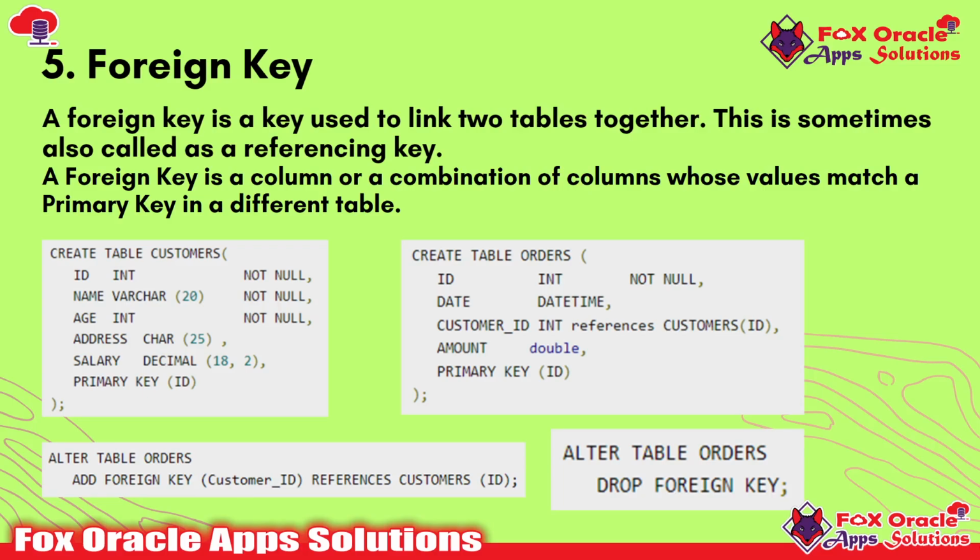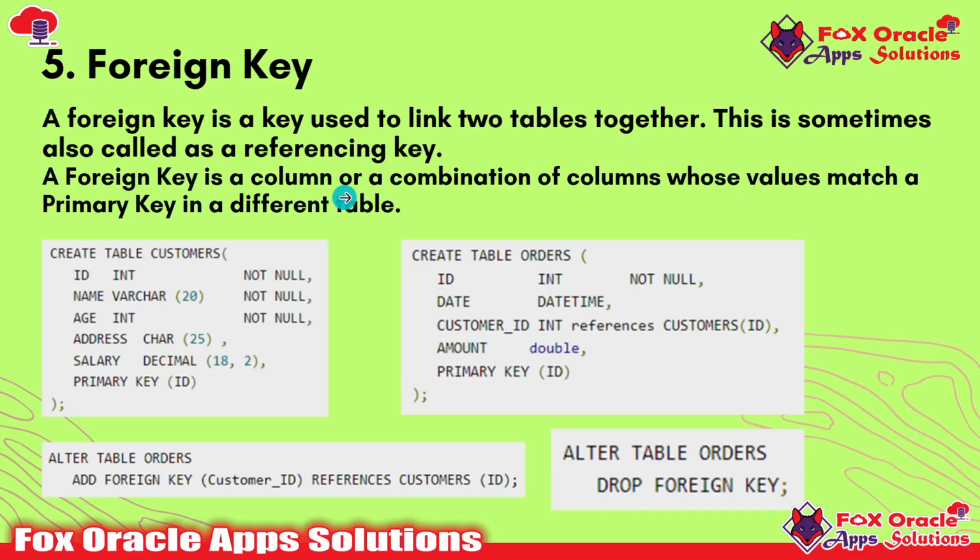Now we have another column constraint, that is foreign key. Foreign key is also known as reference key. A foreign key is a key used to link two tables together. How we are going to link two tables with the foreign key, I'm just going to explain. It is sometimes also called a referencing key or reference key.